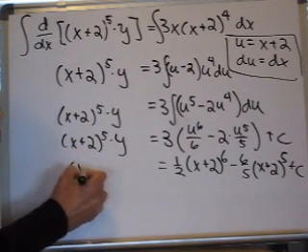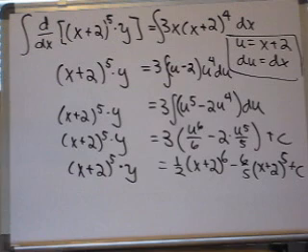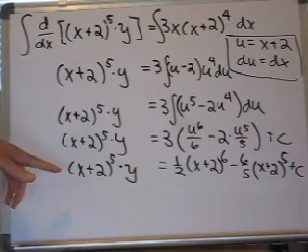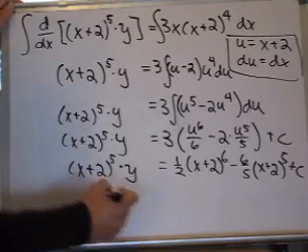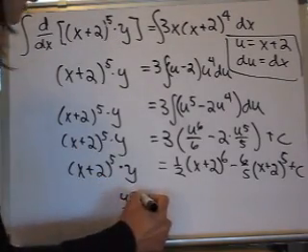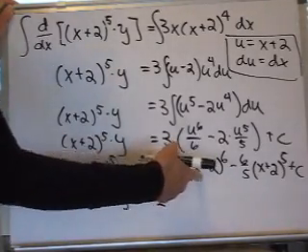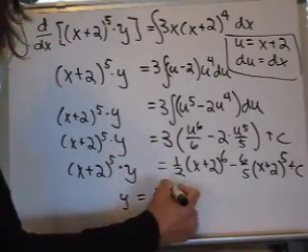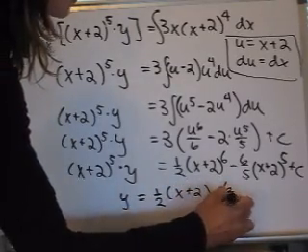And then on the left I get the x plus 2 to the 5th times y. Last thing I need to do is to solve for y. So I'm going to divide every term through by x plus 2 to the 5th. And that leaves me with y on the left equals 1/2. If I divide x plus 2 to the 6th by x plus 2 to the 5th, I'm left with x plus 2 minus 6 over 5.